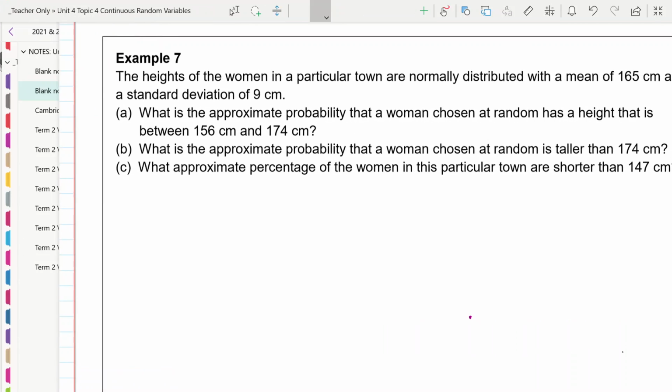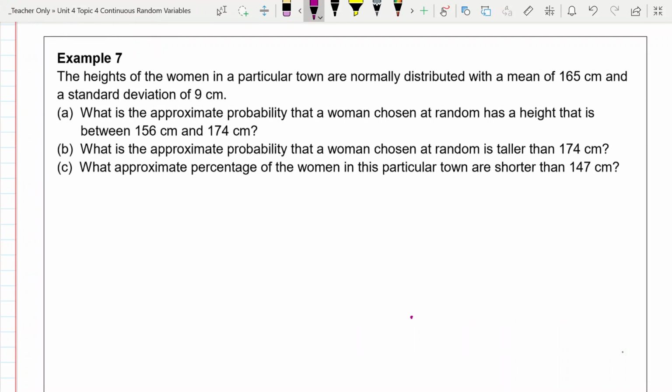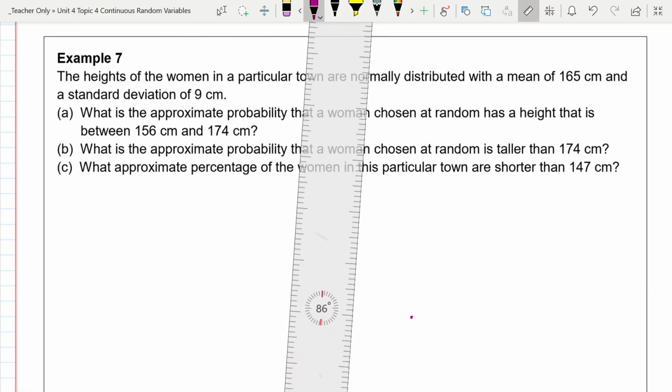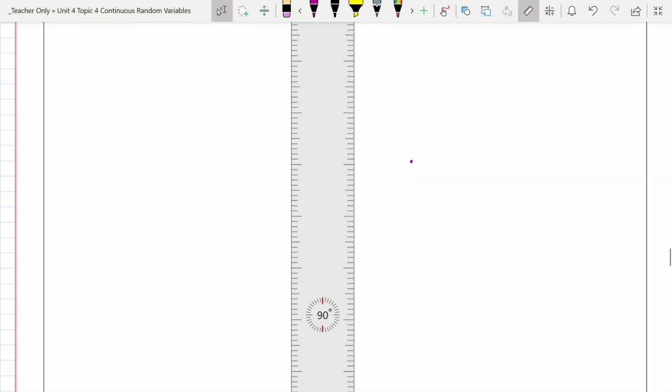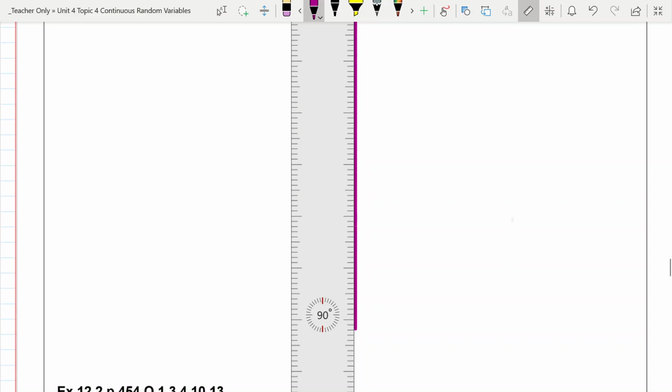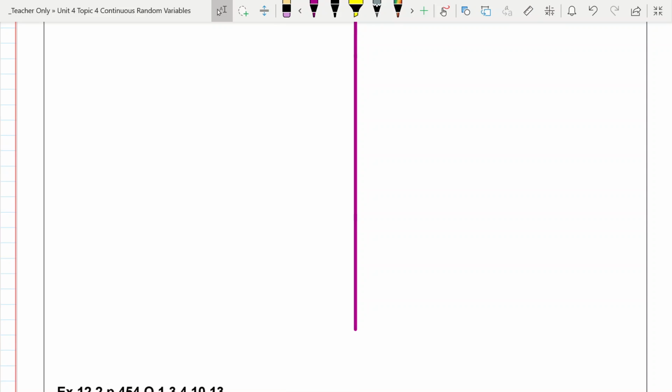Alright, let's have a look at a tech-free application of using the normal distribution, and you'll see why you need to know those values for your 68, 95, 99.7%.